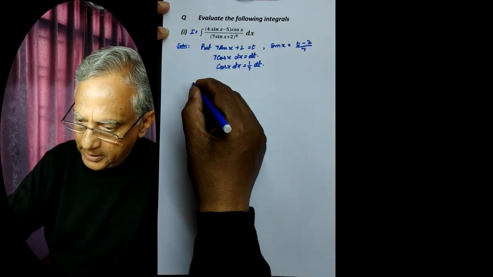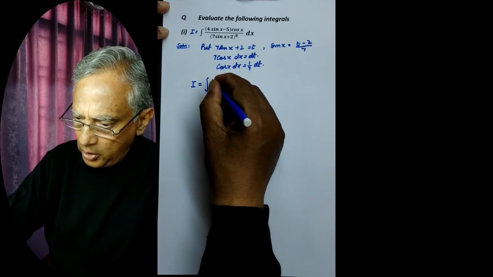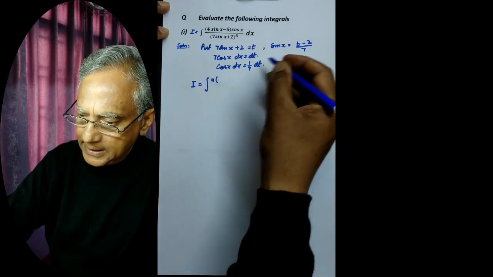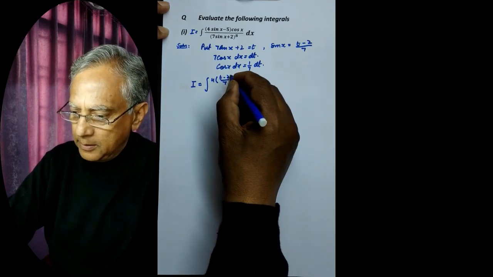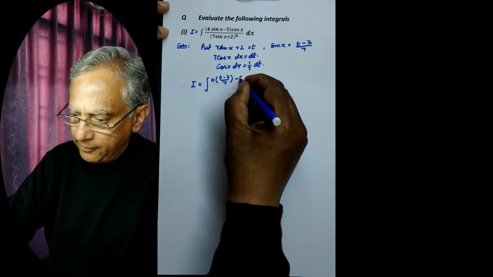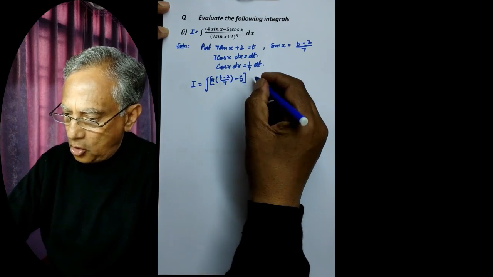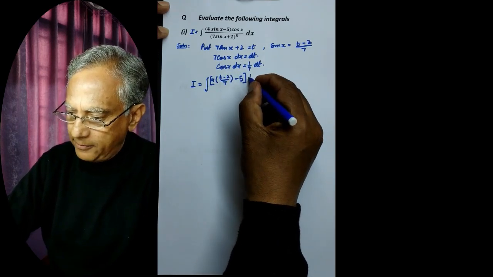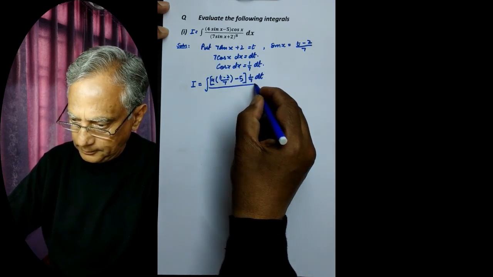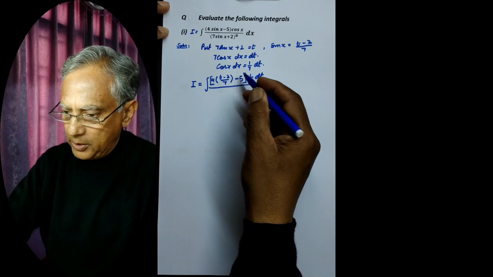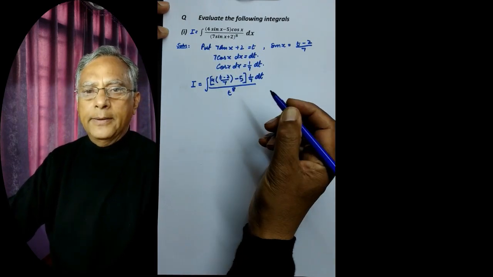So I will be equal to the integral of 4 into sin x, and sin x is (t minus 2) by 7, minus 5, into cos x dx, which is 1 by 7 dt, over t to the power of 8.